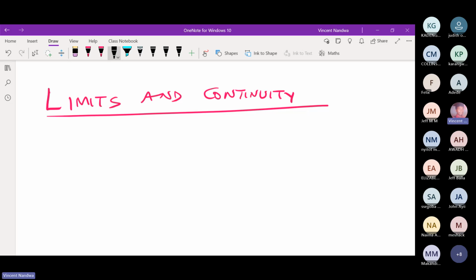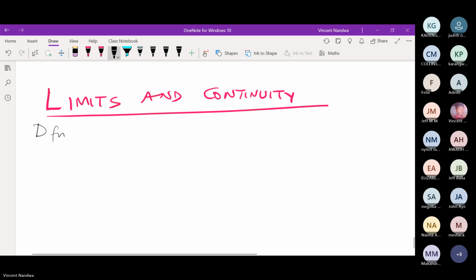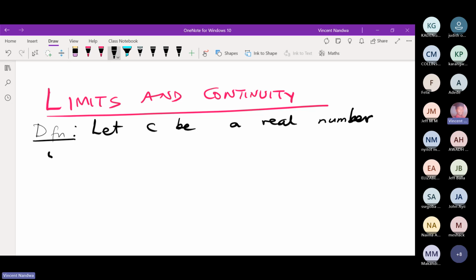So limits and continuity. We start by defining continuity at a point. Definition: let c be a real number on the x-axis.